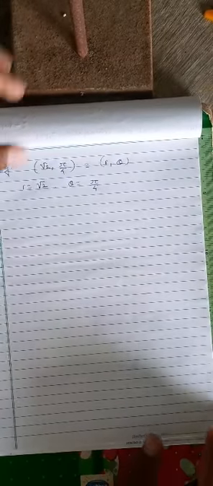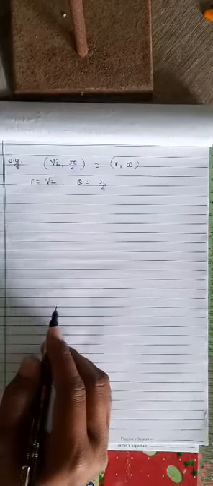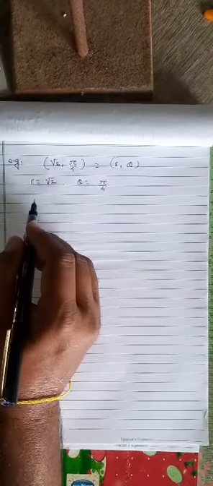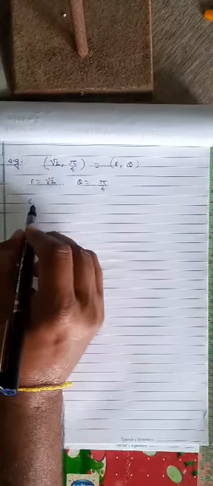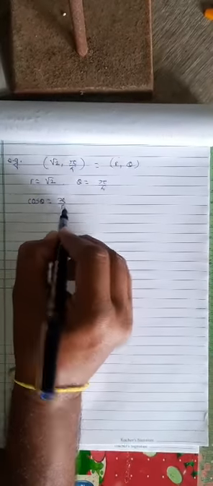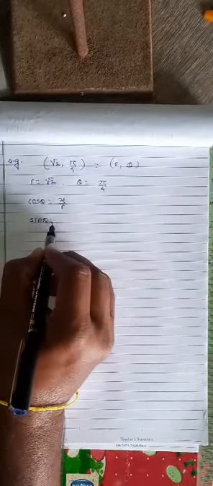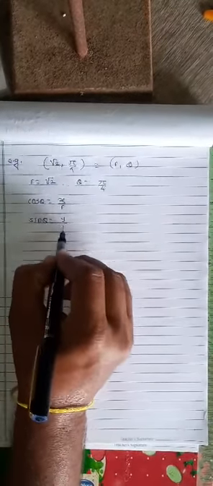Now see here, the discussion is like this. We know that cos of theta is equal to x upon r and sine of theta is equal to y upon r.